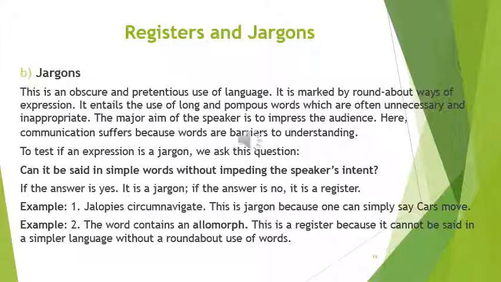The second meaning has to do with the obscure and pretentious use of language, marked by a roundabout way of expressing and the use of long words. For example, only a person who is familiar with linguistics will easily understand the word allomorph. So jargon is one of the features used in register.